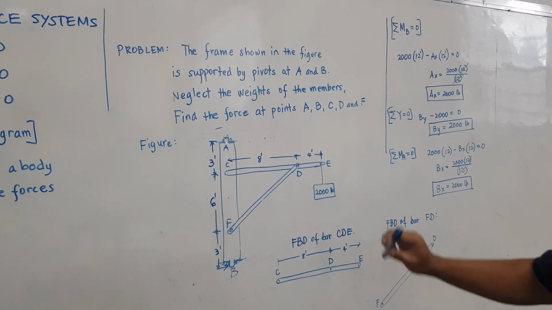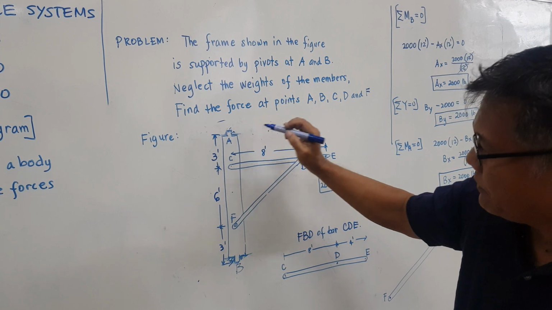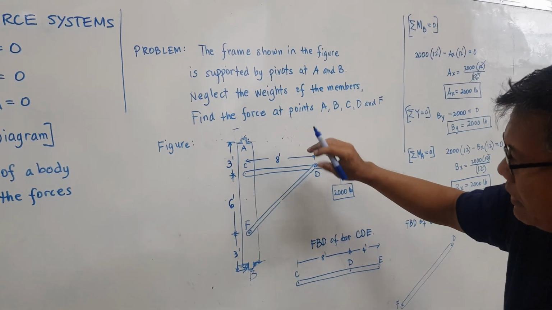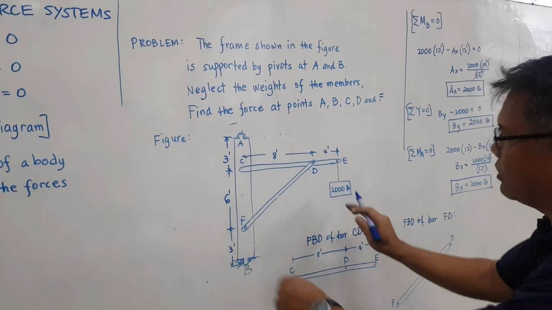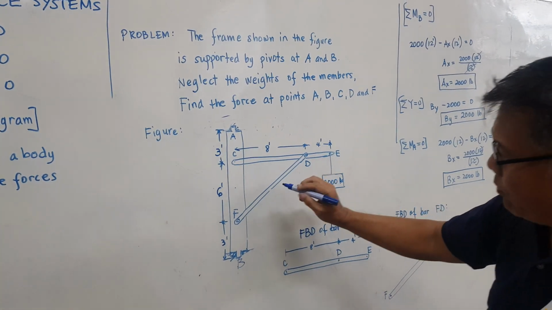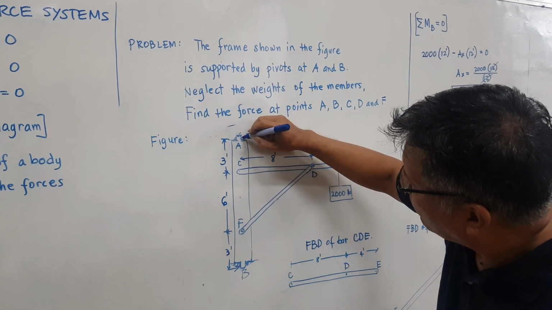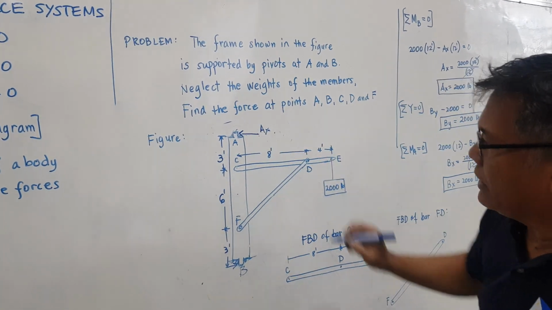So we are going to start at support A. If this support A is removed, it means that this whole frame will topple down to the right because of this load. So in order to prevent that from falling, we need to apply a force Ax to hold that in place.